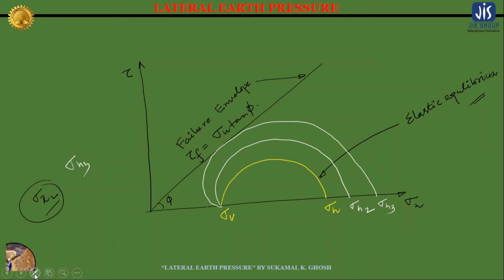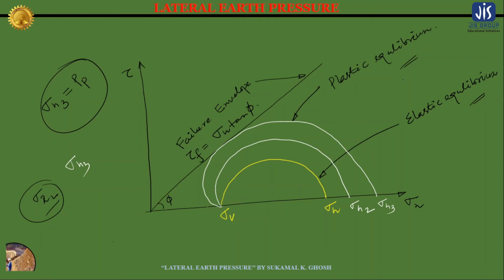Okay, so this is the plastic equilibrium curve. Okay, and it means sigma h3 is nothing but the passive earth pressure.